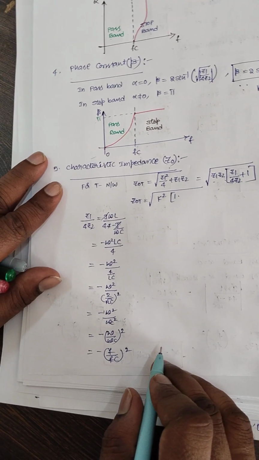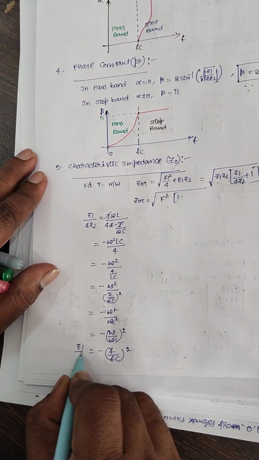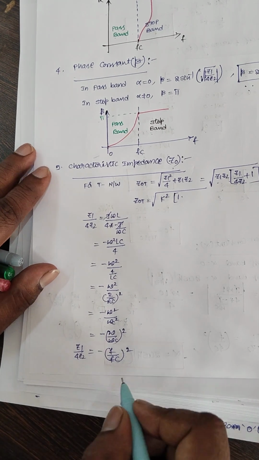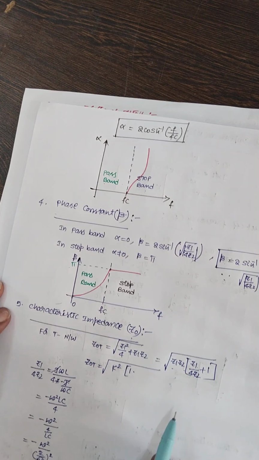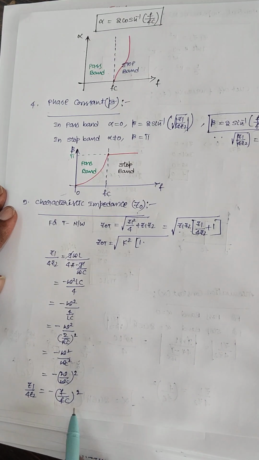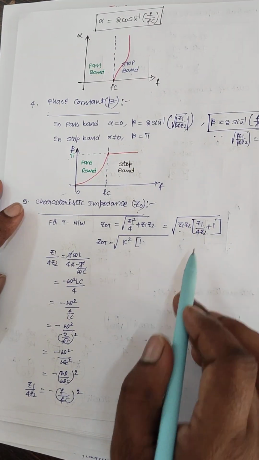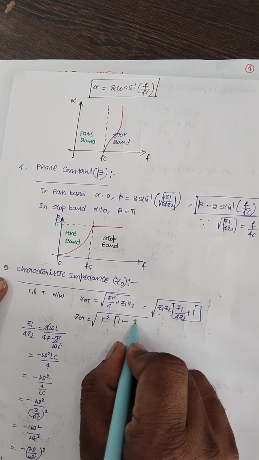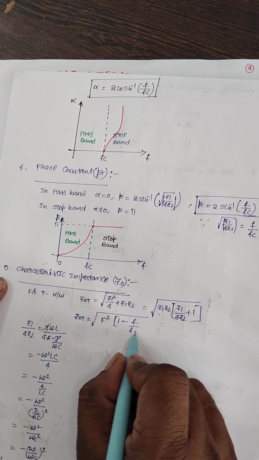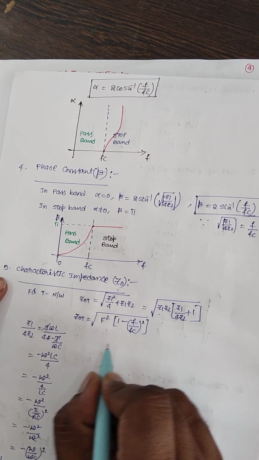So finally, what I want to prove here is that the Z1 by 4 Z2 value is minus F by Fc whole square. But here in this case it is a modulus, so I am not considering the modulus here. So I need to substitute Z1 by 4 Z2 with minus F by Fc whole square. Right.